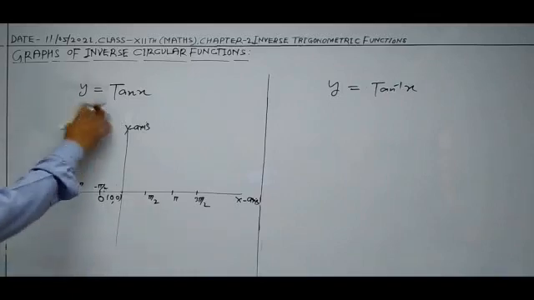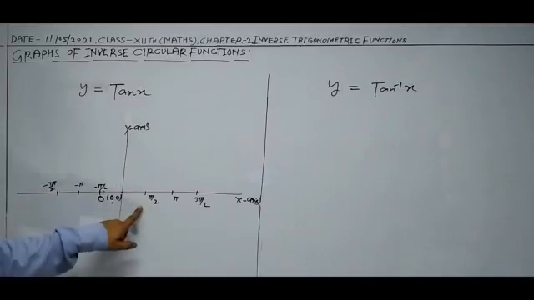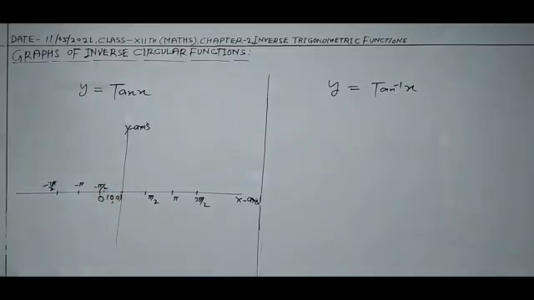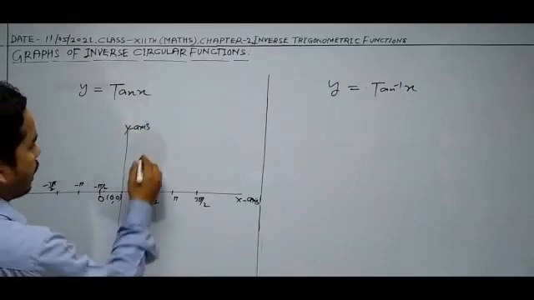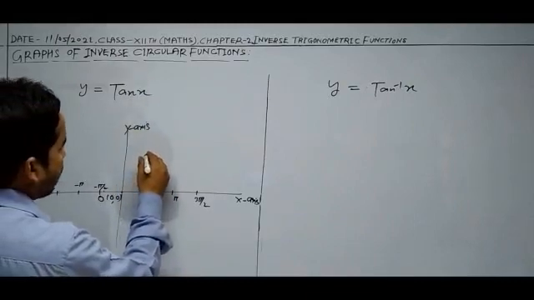So you know tan 90 value is infinity, tan minus 90 is minus infinity. When x is equal to 90, you will get an infinite result.